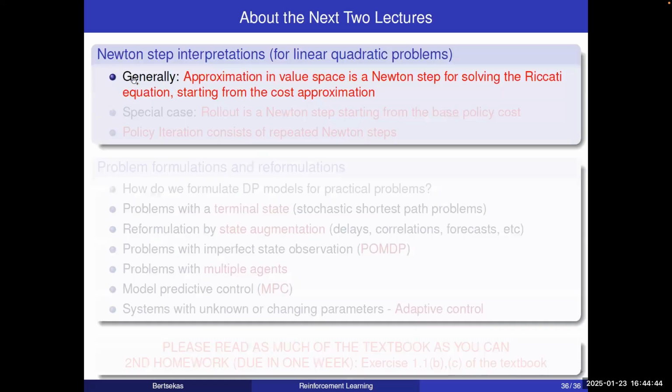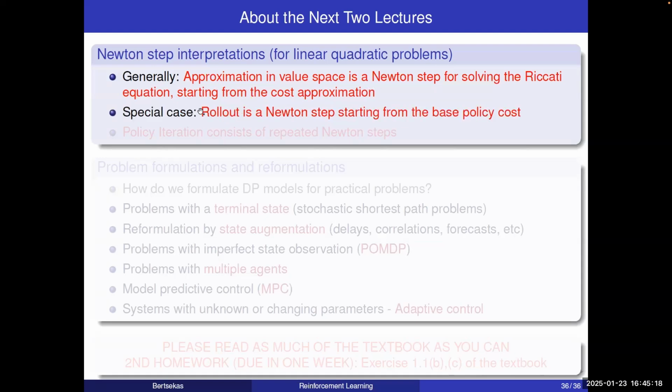All right, so this concludes the first half of our overview lectures, 4 of them in total. And for the next 2 lectures, we're going to emphasize the Newton step interpretation using linear quadratic problems as a vehicle. Generally, approximation in value space is Newton's method for solving Riccati equations, starting from the cost approximation.